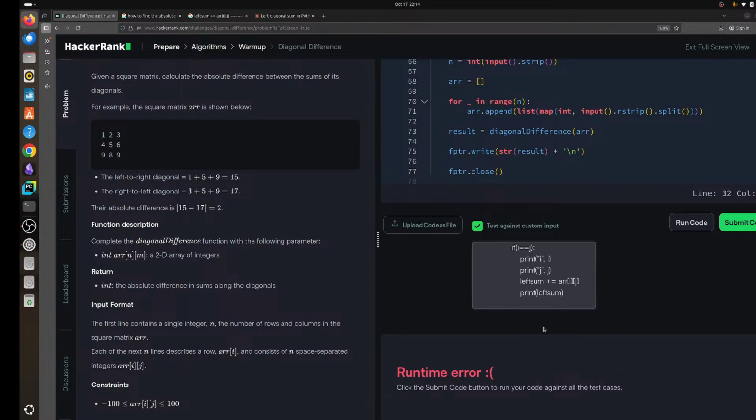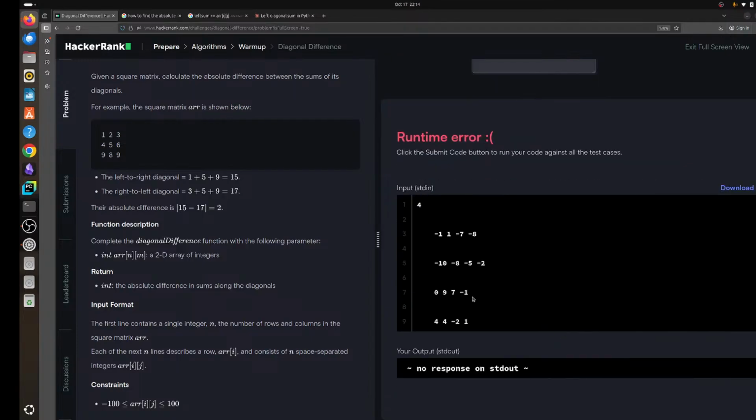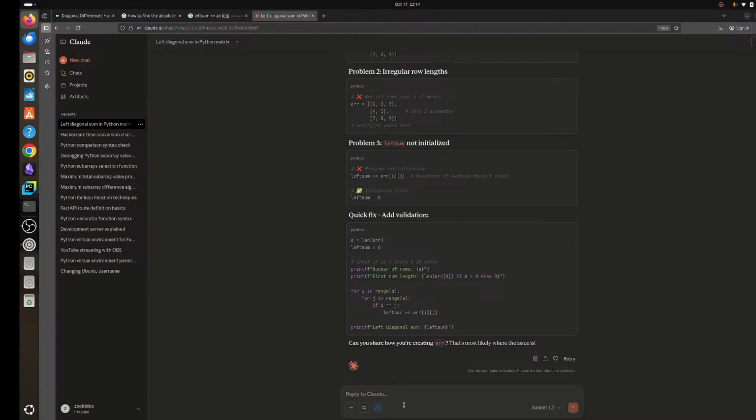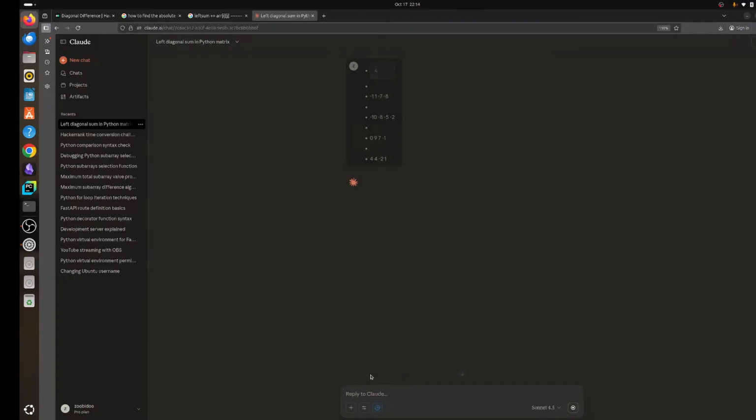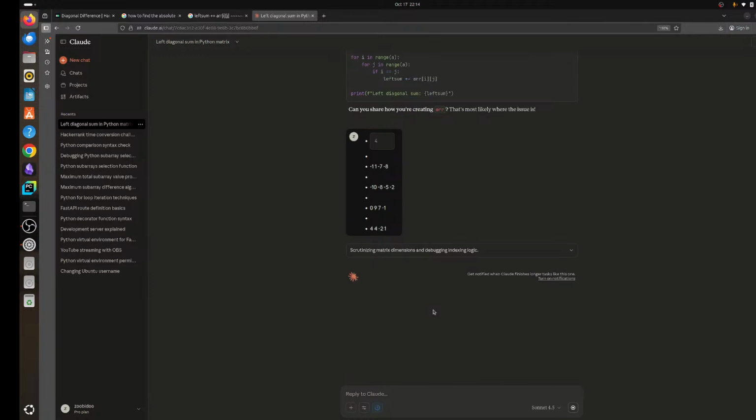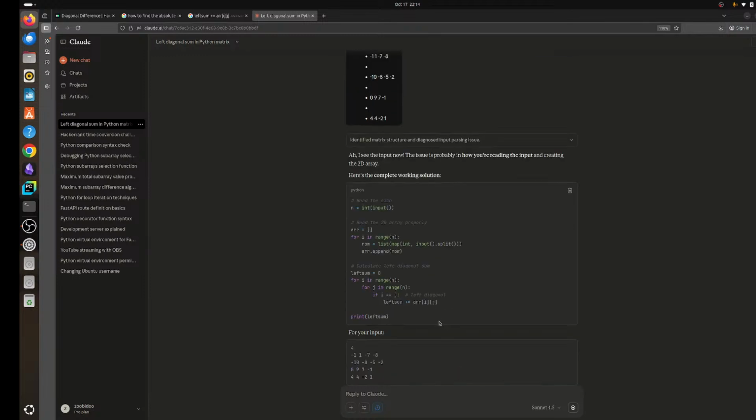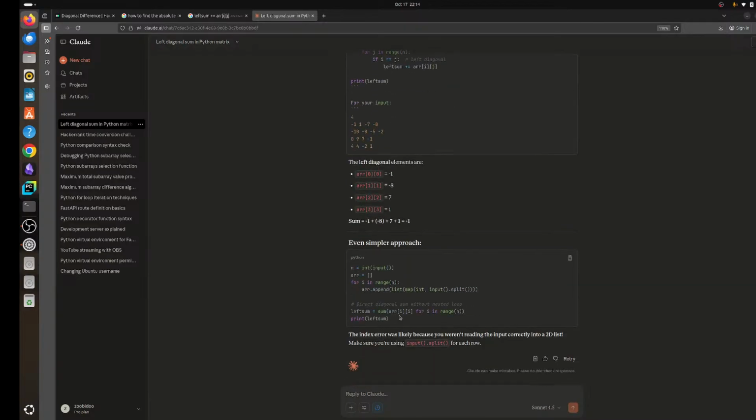Paste. Why am I getting index out of bound in my previous solution?